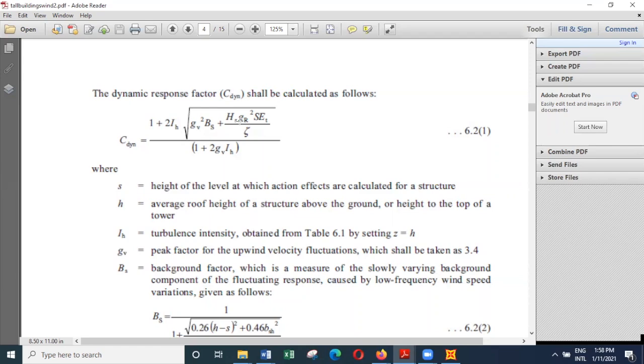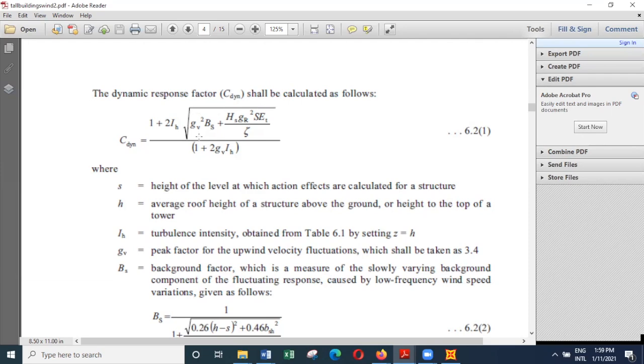Because the building is flexible, it is going to move with the wind, and with that we generate some kind of dynamic response. The dynamic response is taken into account by using this second term. The static effect is considered by using the first component, and then they are added. The square root is taken so that you get the net effect. So that's how the wind effects are calculated.